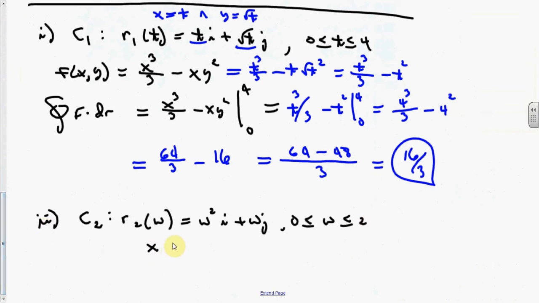So this tells us that x is equal to w squared and y is equal to w. See, this is x times i, and this is y times j. So that's where I'm getting that from.